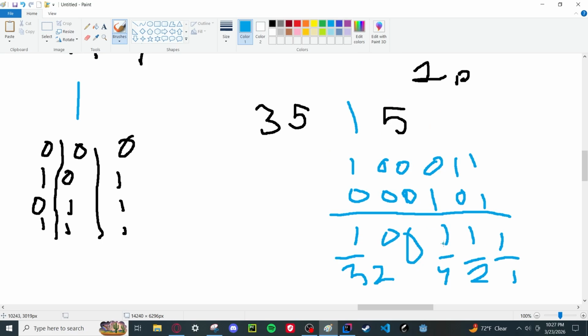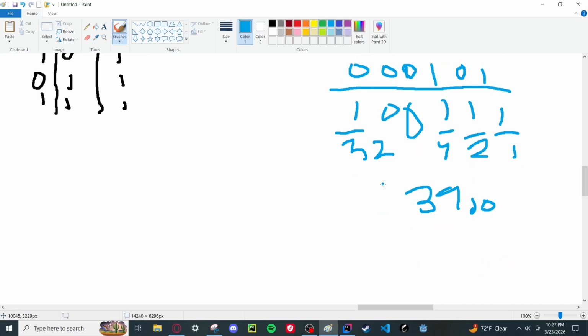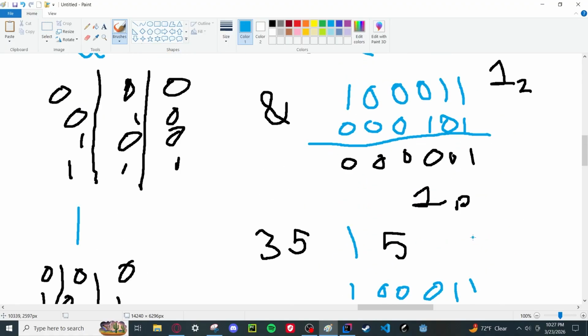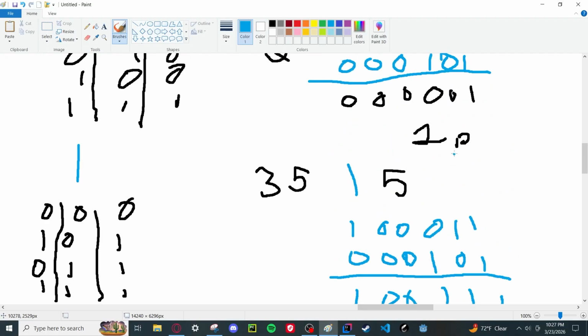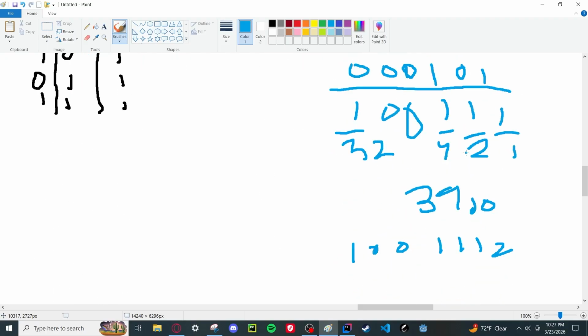And in binary, it would be 1, 0, 0, 1, 1, 1 in base 2. And you can kind of see how you got drastic outputs. This one gave us 1 in base 10, and this one gave us 39 in base 10. Okay, the next operator we're going to discuss is the tilde, which is the bitwise not.